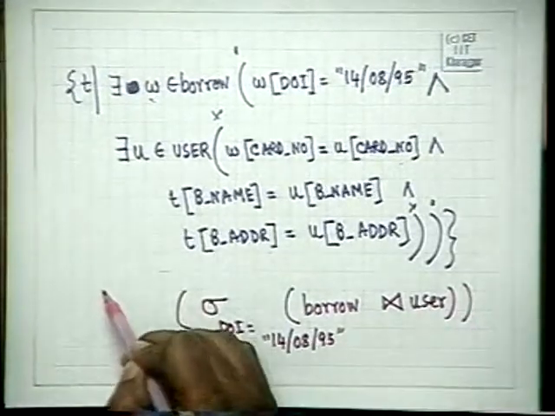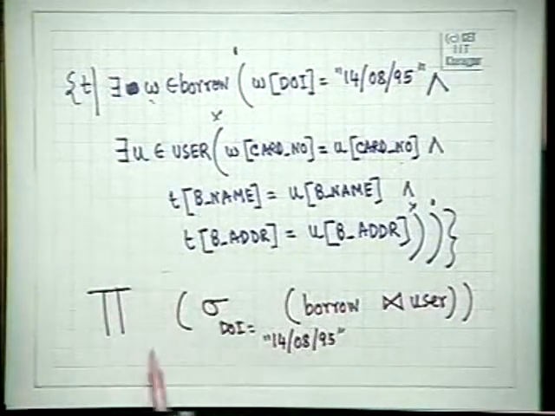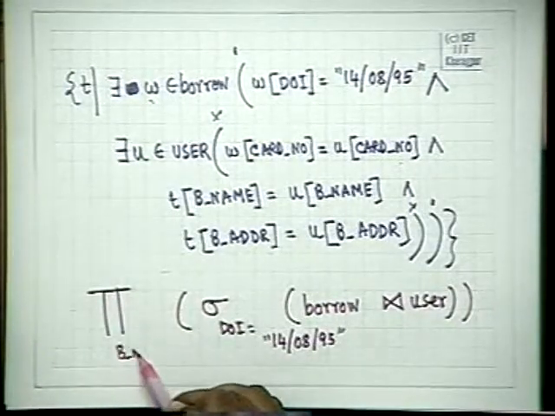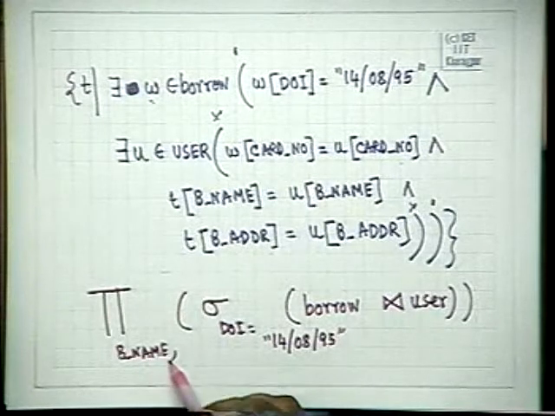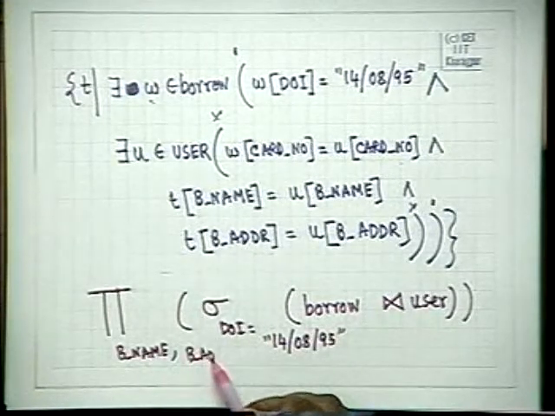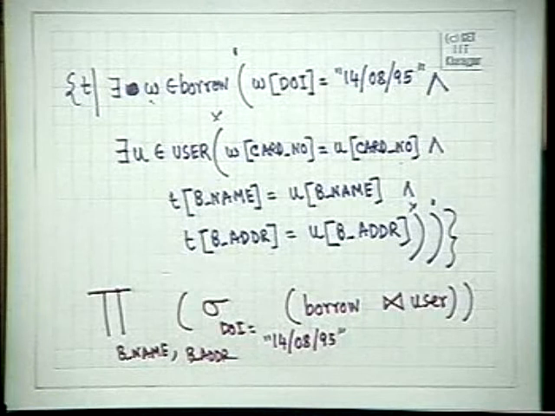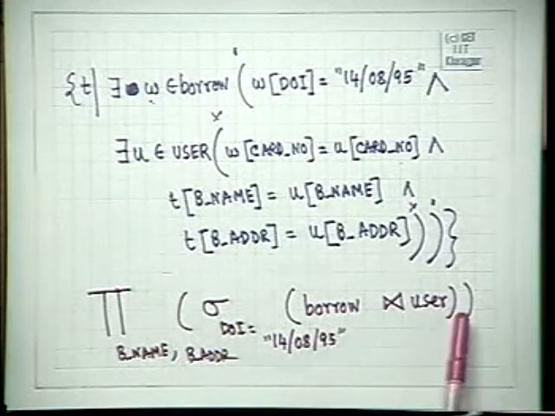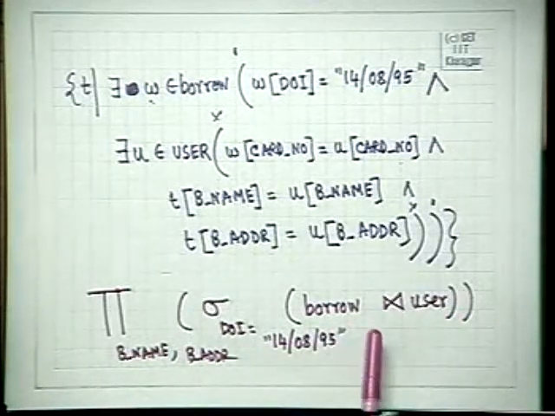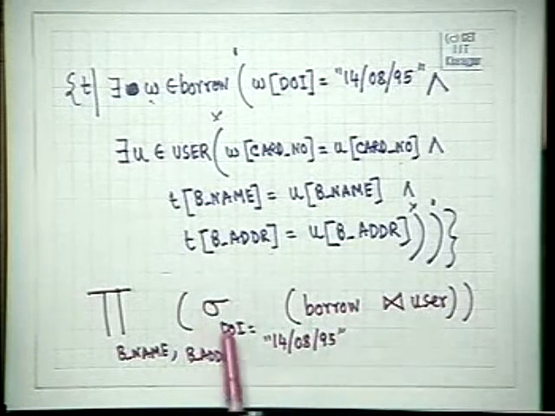And from here you will select out. This is the equivalent relational algebra expression. Borrow join user, date of issue is this.